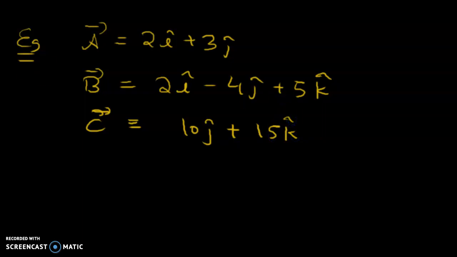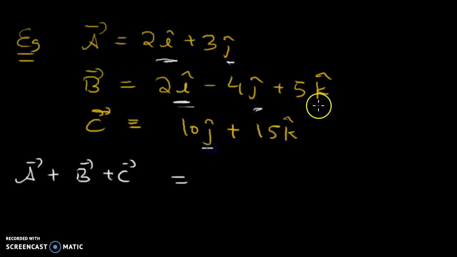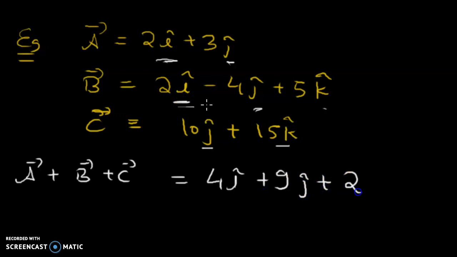If somebody asks you to add these three vectors a, b and c, just add the numbers preceding the i cap, the j cap and the k cap. The answer is 4i cap plus 9j cap plus 20k cap.